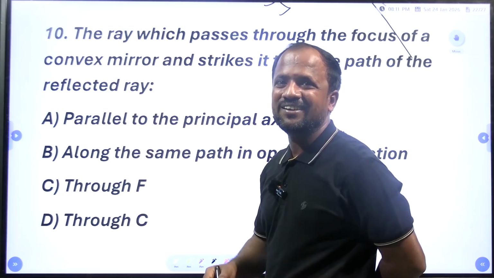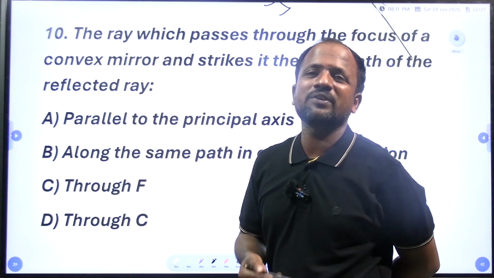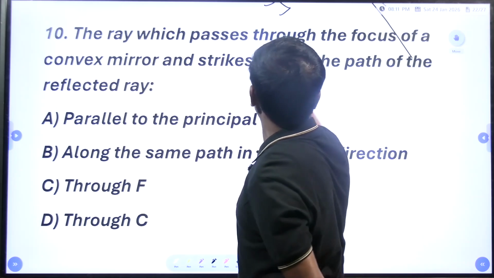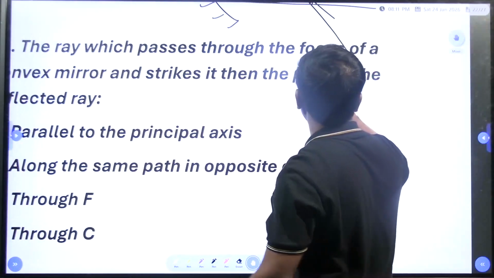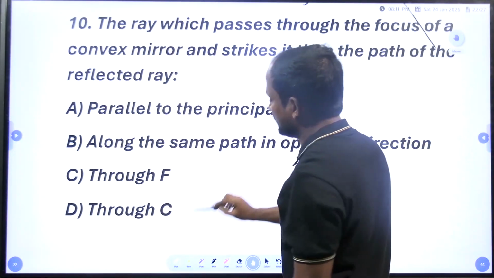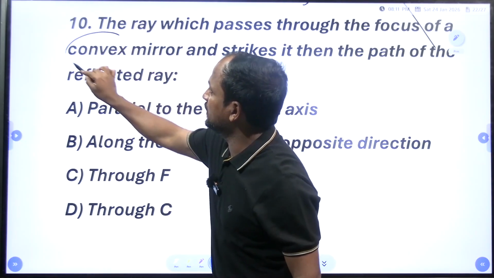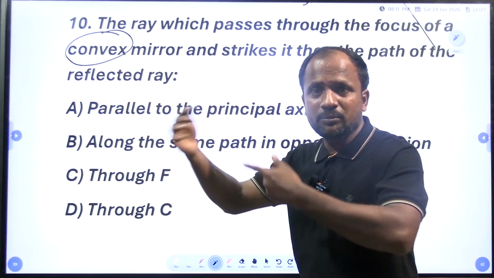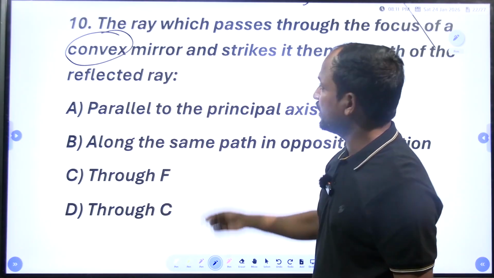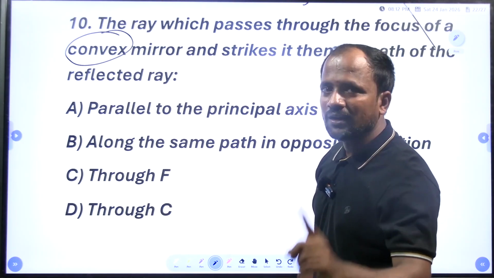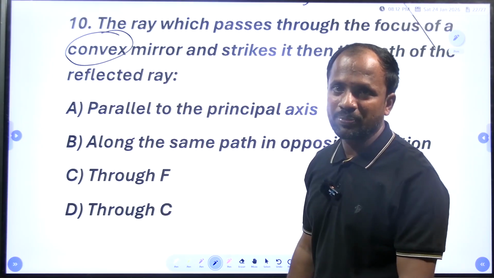This is asked from the ray diagrams of a convex mirror. The ray appears to pass through the focus and is incident on the convex mirror. Then the reflected ray will appear parallel to the principal axis.